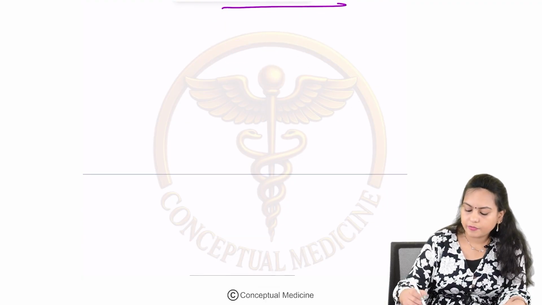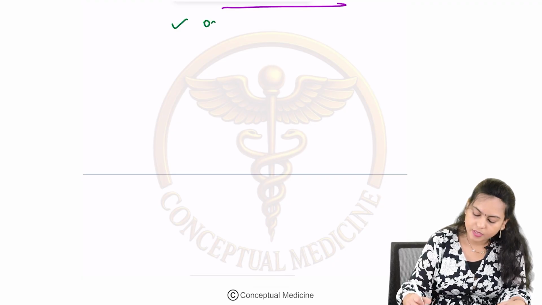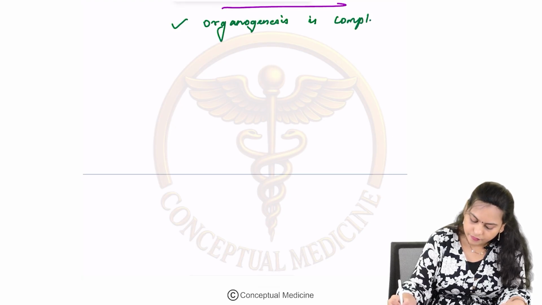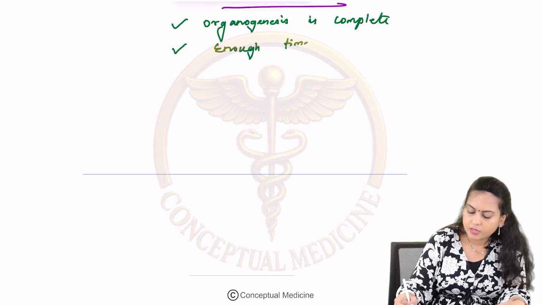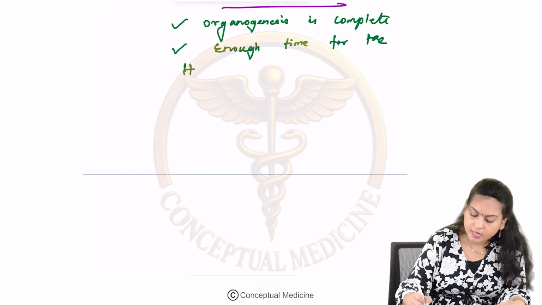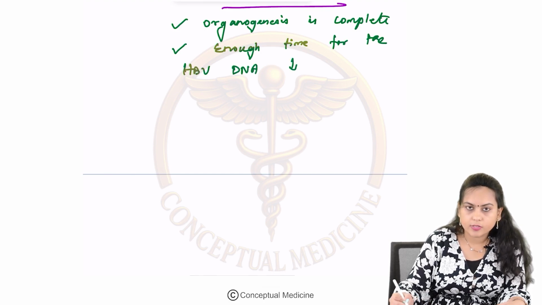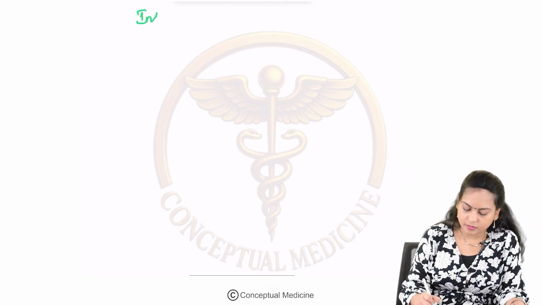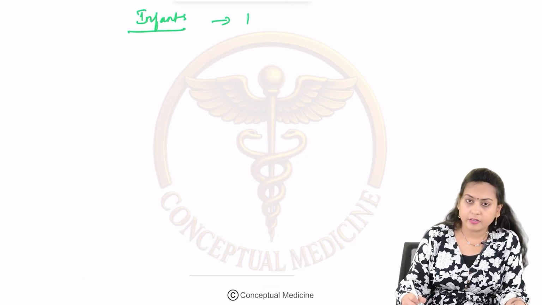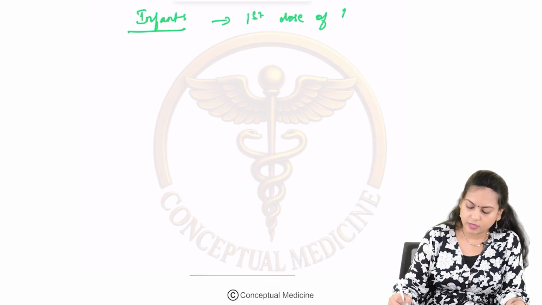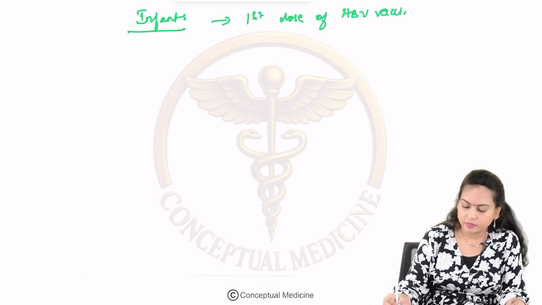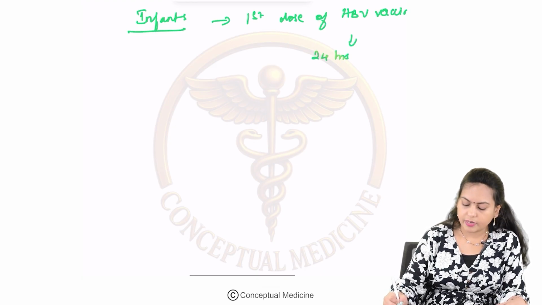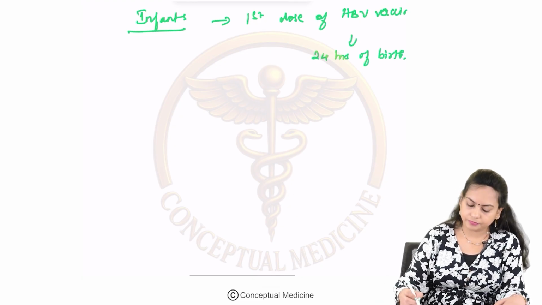Why we prefer this time period is that by this time, organogenesis is complete, and there is enough time for the viral DNA levels to decline also. And for the infants, you have to give their first dose of hepatitis B vaccine, preferably within 24 hours of birth.